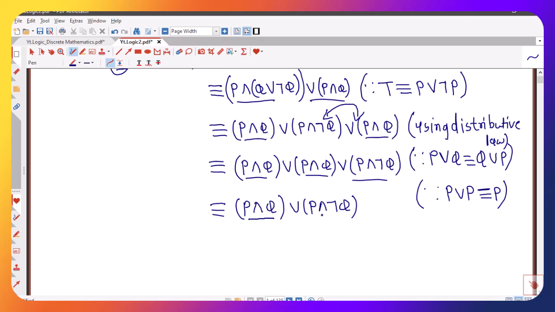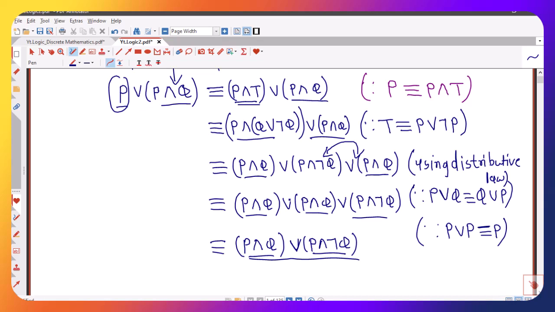Now here we can see P and Q and P and negation Q, these are two min terms, and they are written using OR. So this is nothing but disjunction of min terms only, and therefore it is the principal disjunctive normal form of this formula.